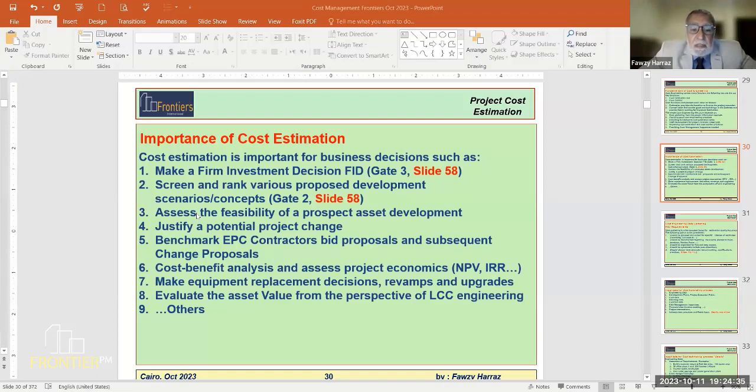Number 6, cost benefit analysis and assess project economics. Cost benefit analysis: any change in the project will generally involve a cost impact. This could be cost saving or cost increase. Against this cost change, there will be some benefits that we add or some benefits that we lose.